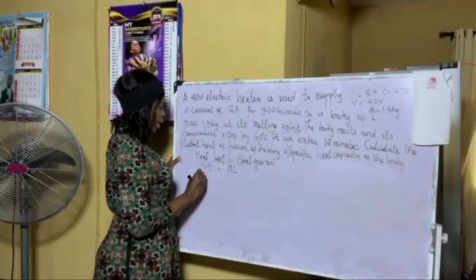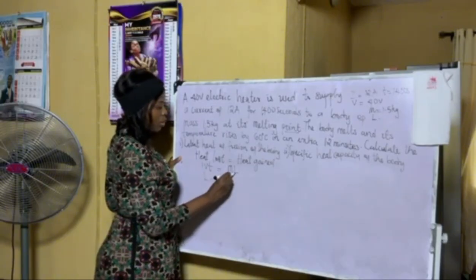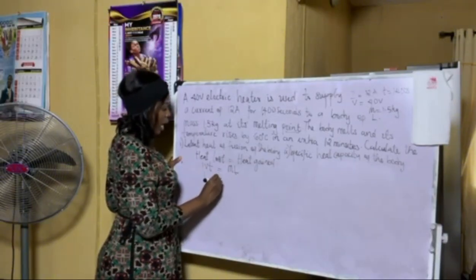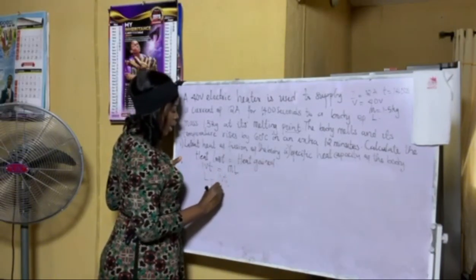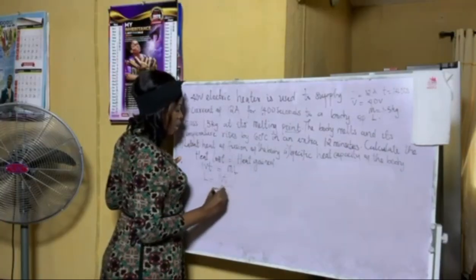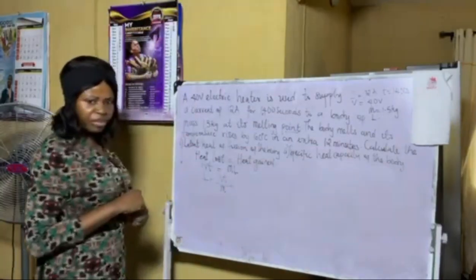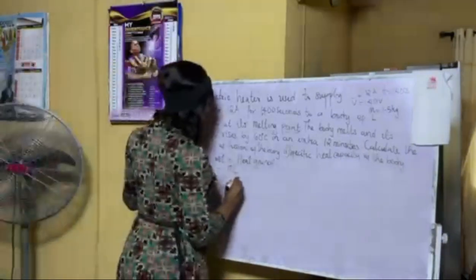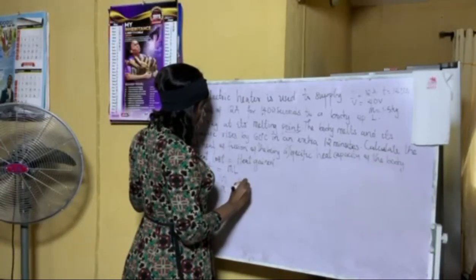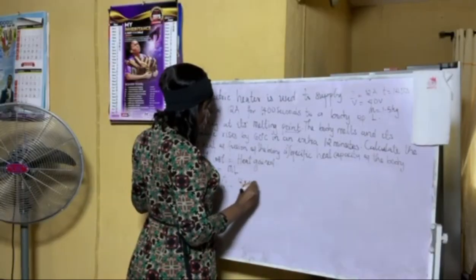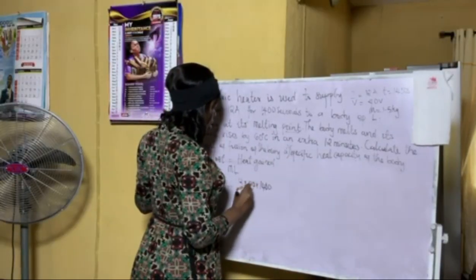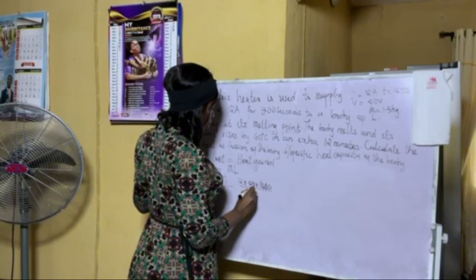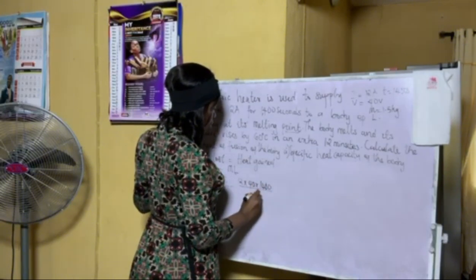If I make L the subject of the formula, because this is what I'm looking for, this becomes IVT over mass. And our mass here is 1.5. So I have 12 times 40 times 1,400 all over 1.5, which is 3 over 2.